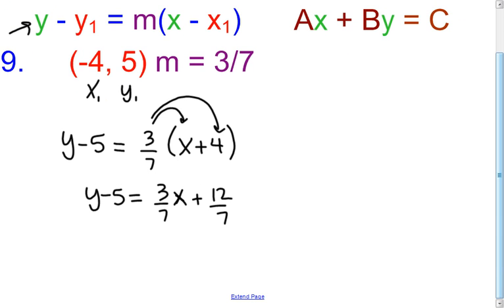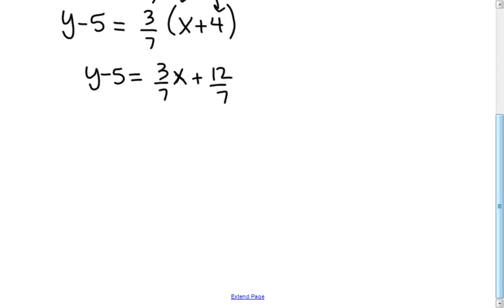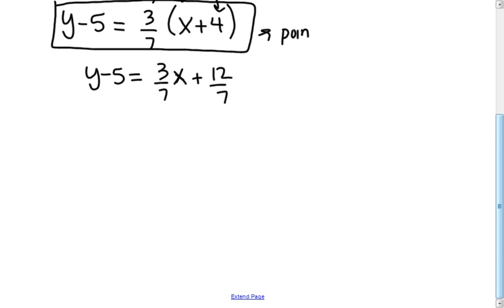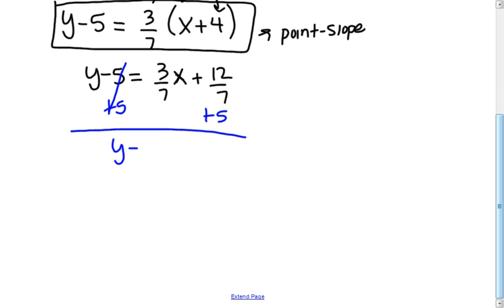And now, I know this is not coming out to be so pretty. And actually I should have blocked this out, sorry. This right here is point slope. All right, now I've already done the first step of simplifying it. I should have done it in a different color, but I didn't. I distributed. Okay, and then I'm going to add 5. So those will drop, and I will have 3/7 X plus.